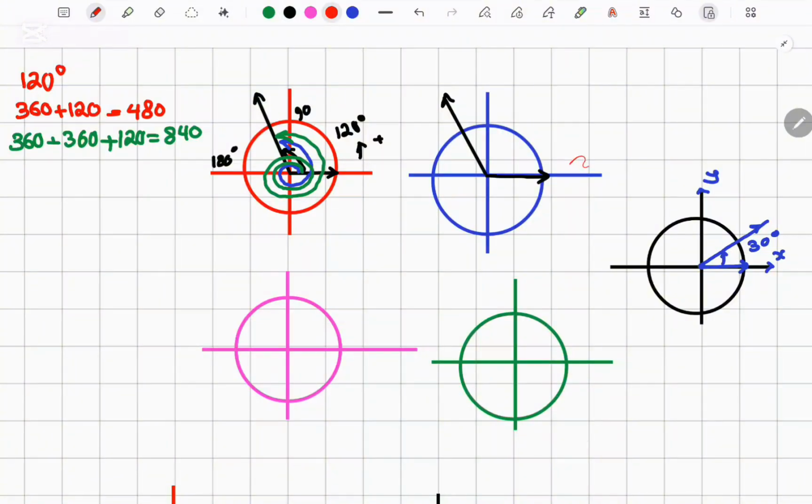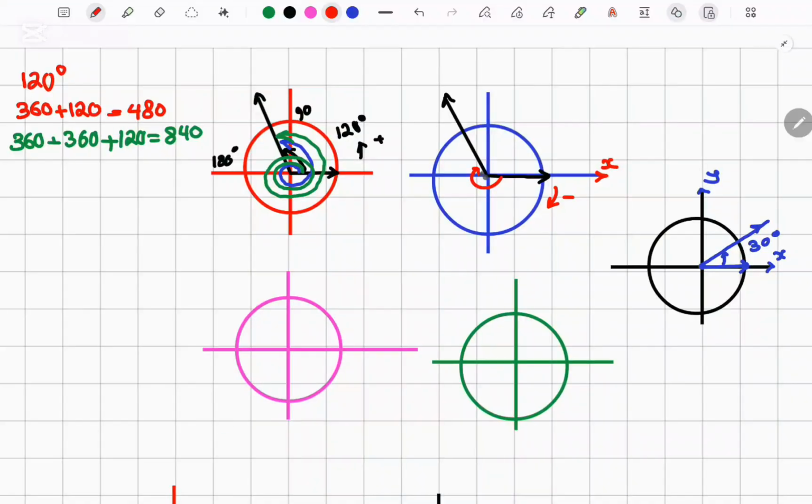So we have to start from here. We always start from here, the initial side, the positive part of the x-axis. And then we have to go this way to end up with a negative angle. We have to go clockwise. So it's like we have to end up in the same place, right? Like this. But we have to have a negative angle. Am I right, guys? So let's see what that is.